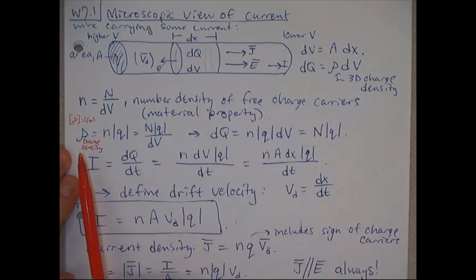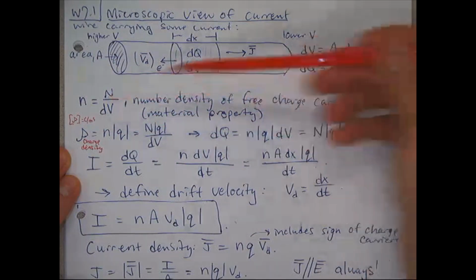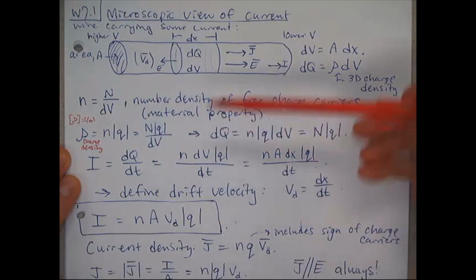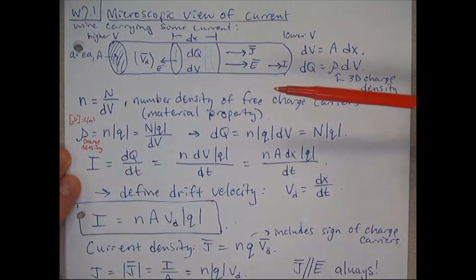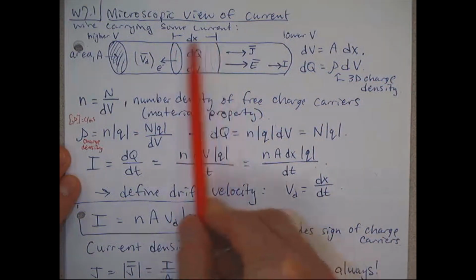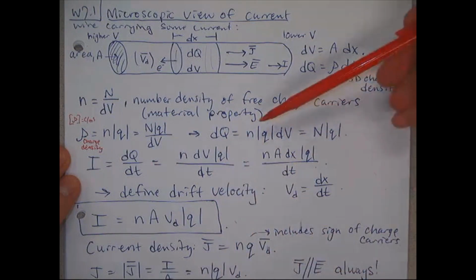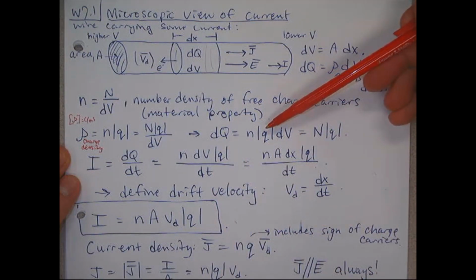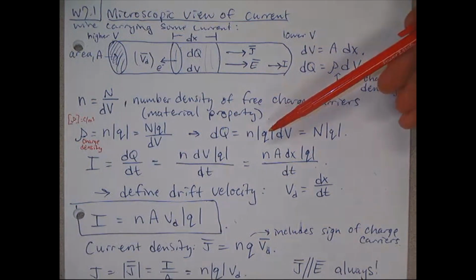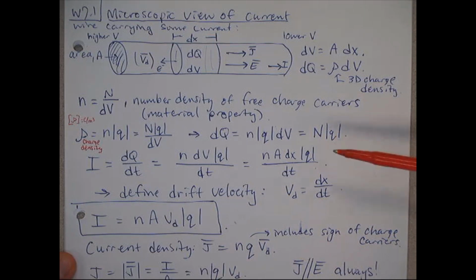The charge density rho is that lowercase n, the volume density, times the charge of each free carrier. So we're looking at now a chunk of charge, dq, which is equivalent to the number density, lowercase n, times the charge of each carrier, times the volume dV, and that's simply the number of free charge carriers times the charge of each.